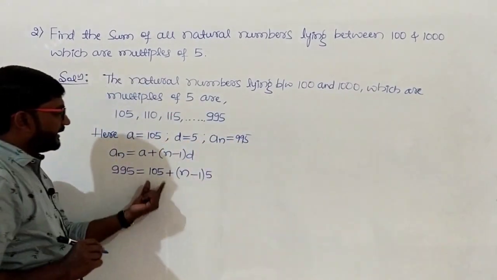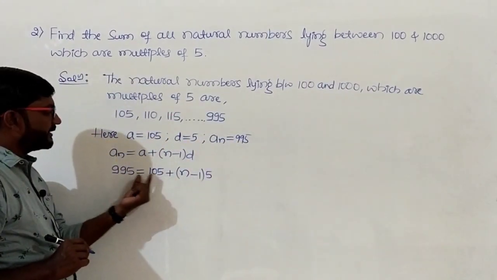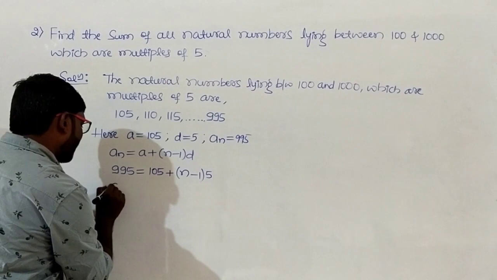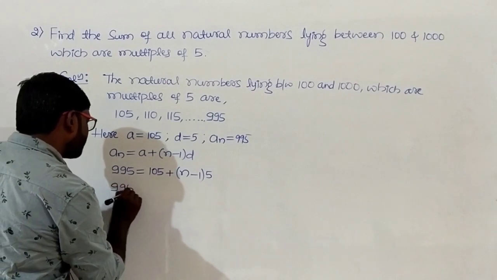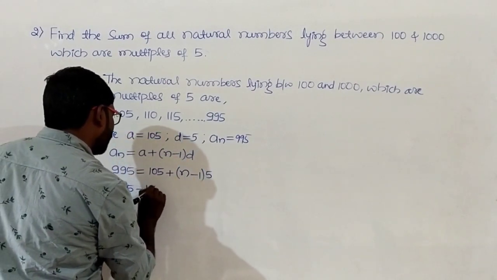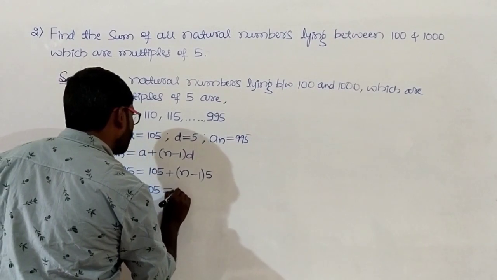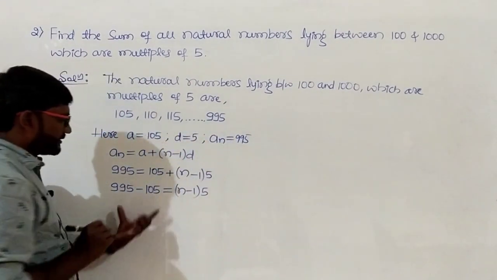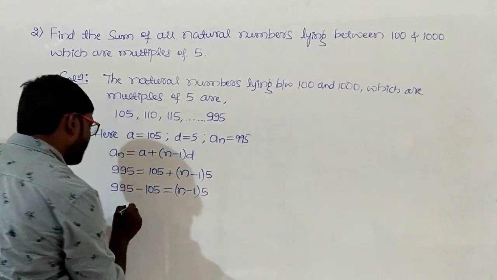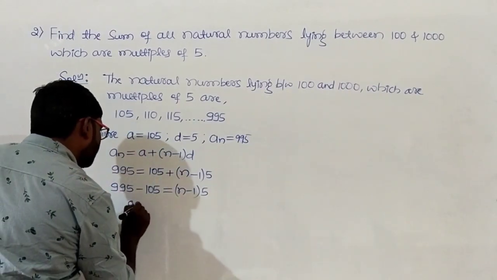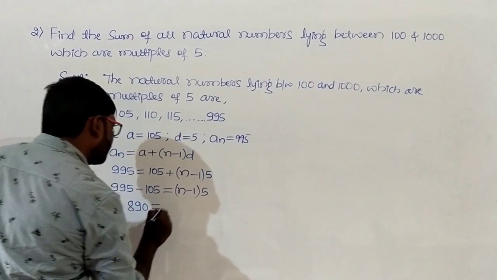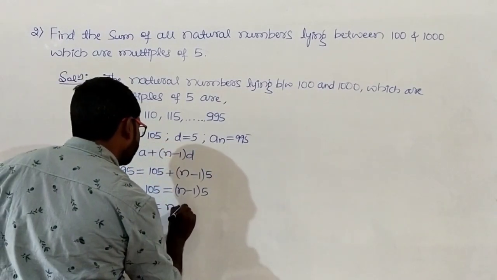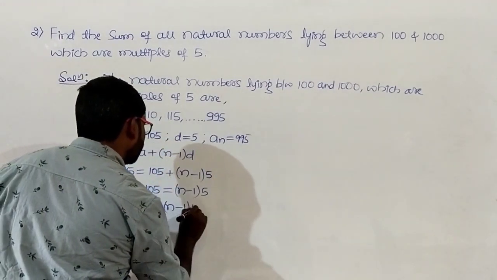Now I take 105 to the left hand side, it becomes minus 105. So 995 minus 105 is equal to n minus 1 into 5. Subtracting these two, we get 890. So 890 is equal to n minus 1 into 5.